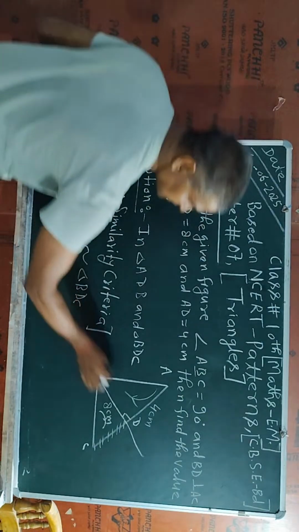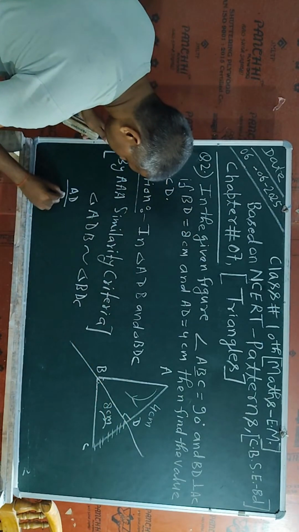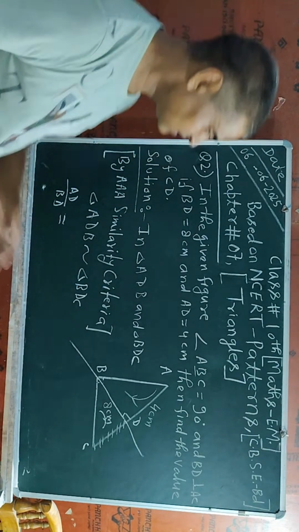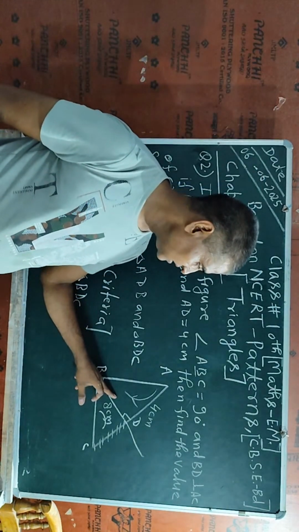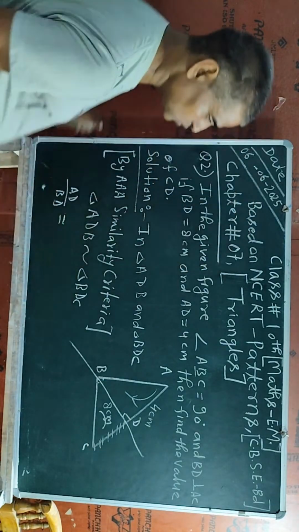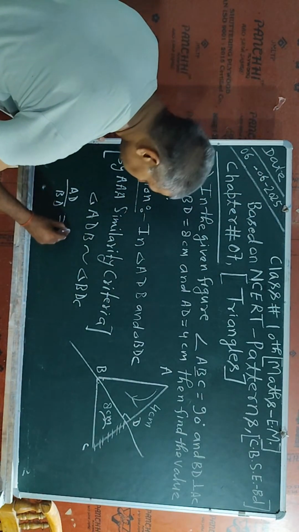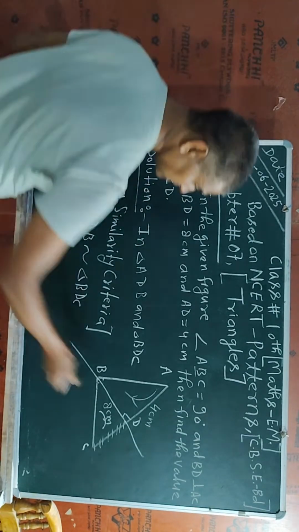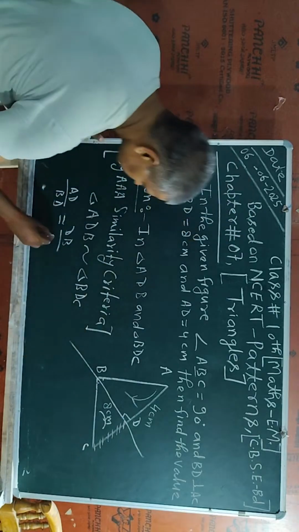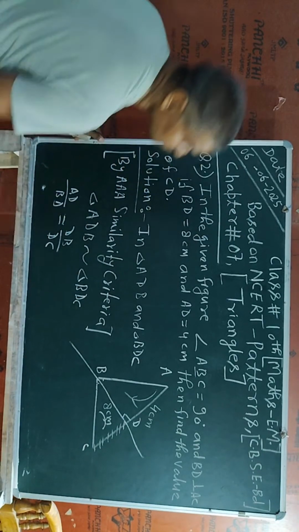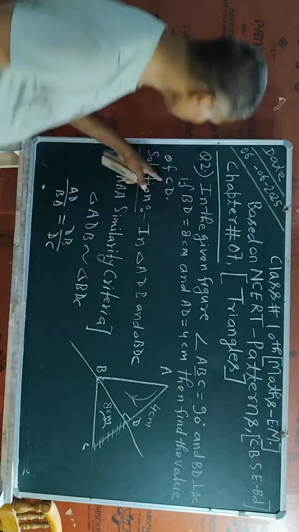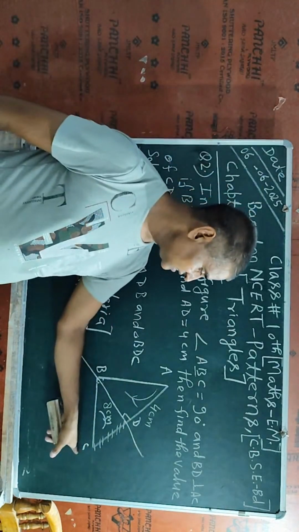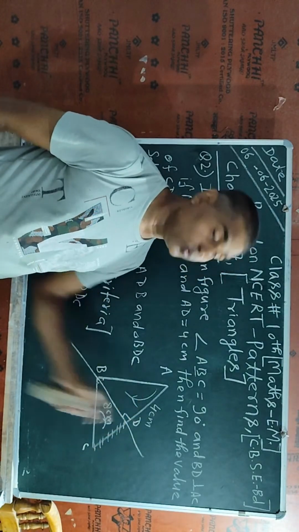So I will write AD by DB, which is equal to, and this is second and this will also be second, DB divided by DC. We have to find the value of DC, or CD. The value of DC and CD both are the same.